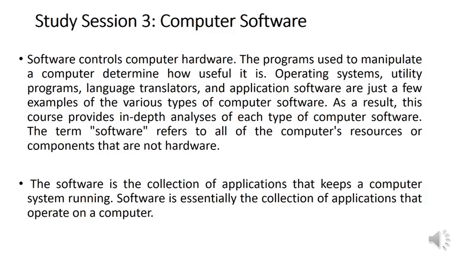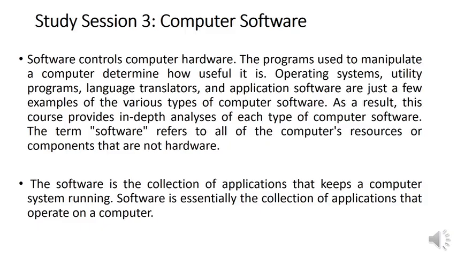Operating system, utility program, language translator, and application software are just a few examples of various types of computer software. As a result, this course provides an in-depth analysis of each type of computer software.